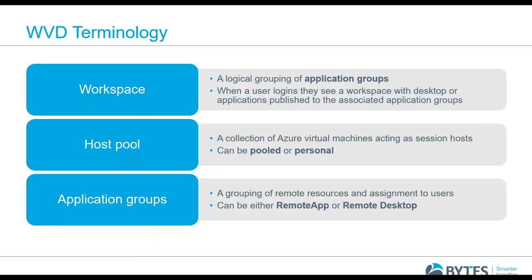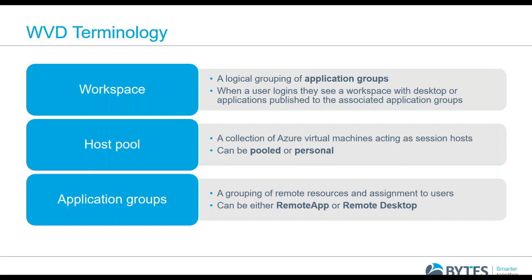Some WVD terminology that is worthwhile understanding upfront. The first main thing is a workspace. That is, when a user logs in, the first thing that they'll interact with. This is where those users will launch the services that you've provided to them as part of an application group, which we'll go into.